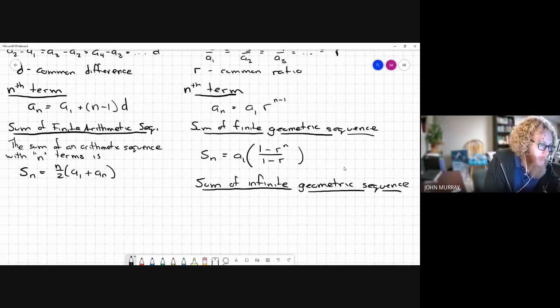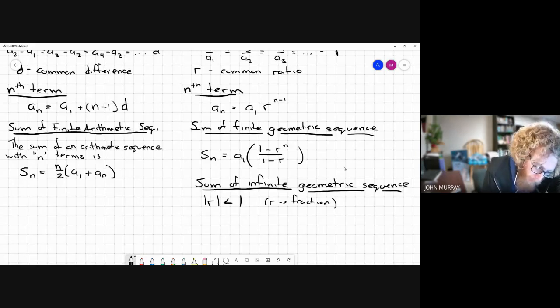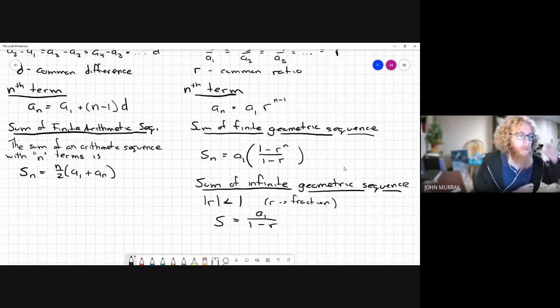But with this, the absolute value of r has to be less than 1. So r has to be some sort of fraction, like 1/4 or 2/3, or negative. That's why we use the absolute value. So if the absolute value of r is less than 1, then we can say that the sum, and I don't need an n now because it's an infinite sum, I'm adding up an infinite amount of numbers, is actually a lot more simple. The sum is just the first term divided by 1 minus your ratio.